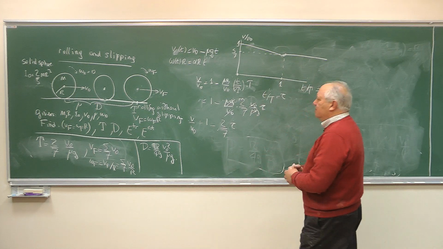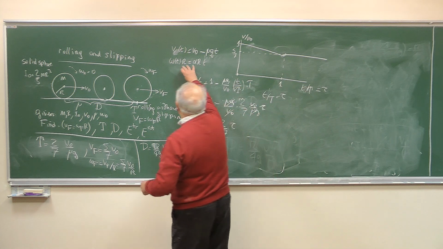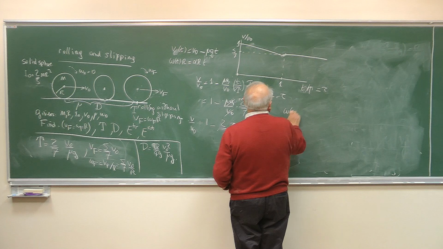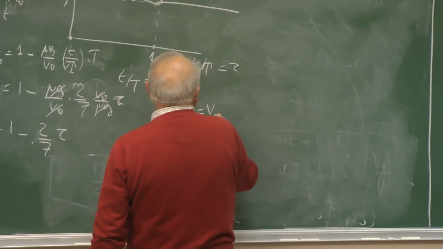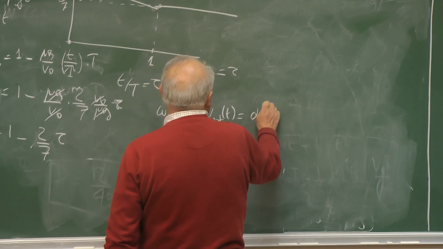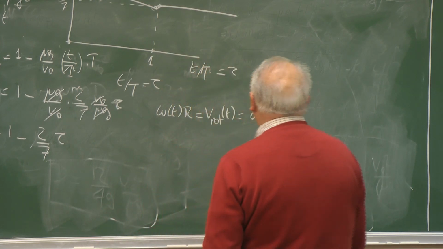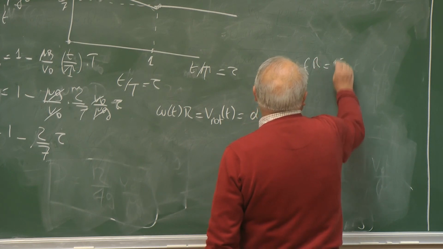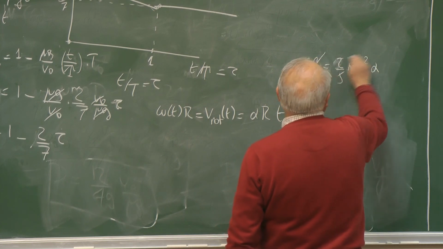to compare, we have to bring the dimensions the same, so it is that way, omega tr, if you wish, let's call it V rotational at t, that's equal to alpha r t, and again, fr is equal to 2 over 5 mr square alpha, r cancel.